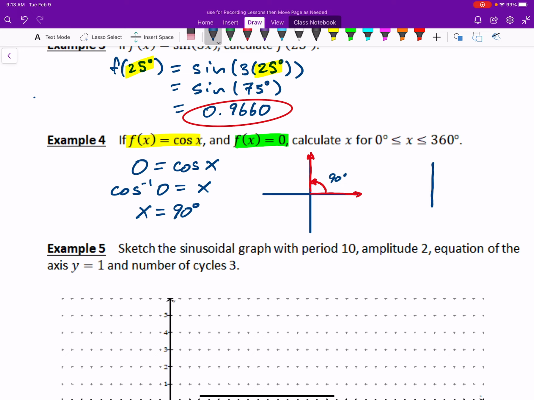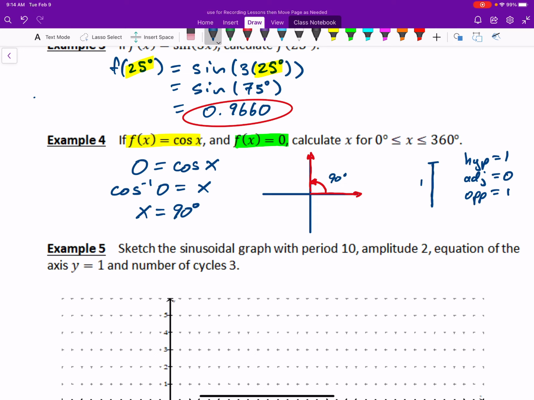Well, if we think of this like it's a unit circle, in other words, if the radius is 1, then the radius, the hypotenuse, is going to equal 1. The adjacent, which is the x value, is going to equal 0. There's no horizontal anything there. And the opposite is going to equal 1 as well. The opposite and the hypotenuse are going to be the same.